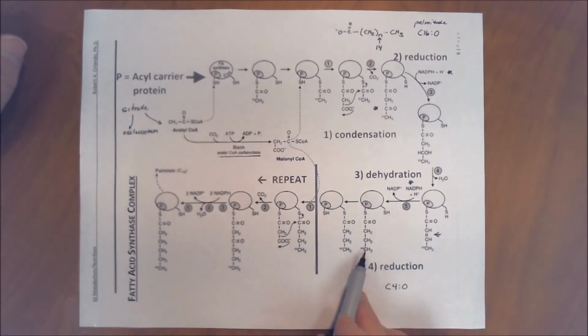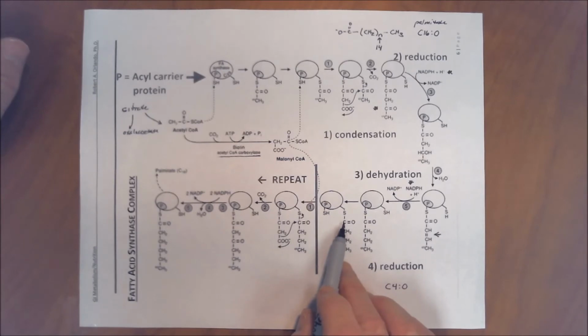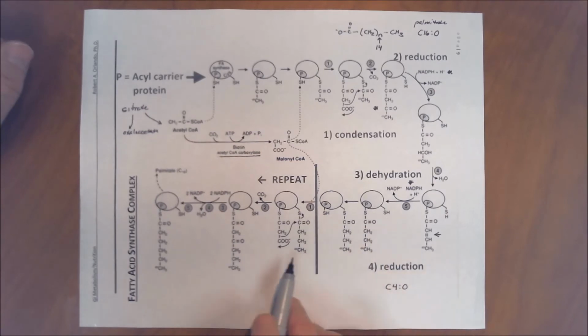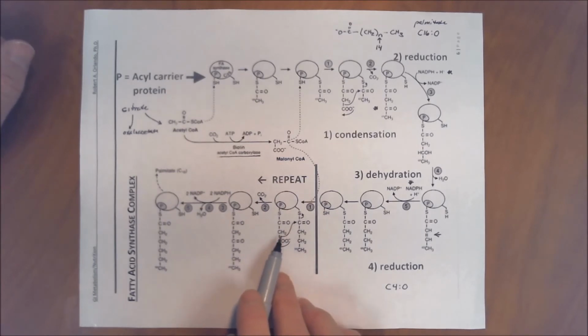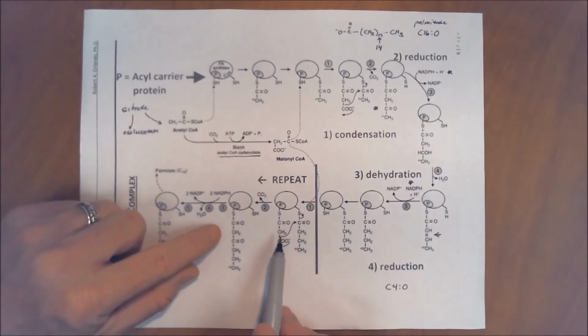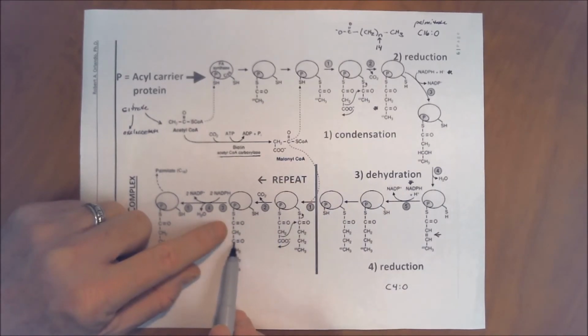The next step is to shift the growing chain of fatty acid over onto the chain for the next reaction. Once we move the C4 carbon molecule over, now we can put malonyl-CoA into the entrance site and once again perform the same condensation reaction that we saw in the first step. This results in the addition of another 2 carbons: 1, 2, 3, 4, 5, 6.